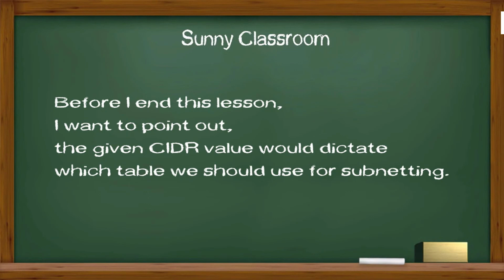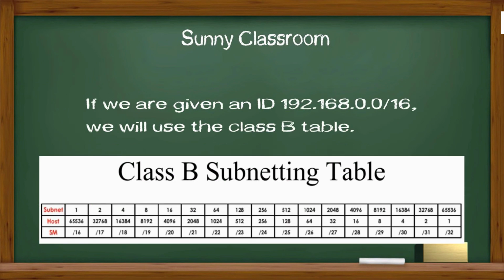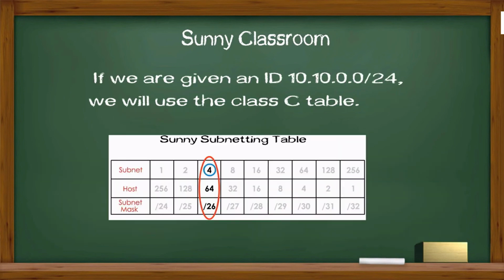Before I end this lesson, I want to point out the given CIDR value would dictate which table we should use for subnetting. If we are given ID 192.168.0.0/16, we will use the Class B table.